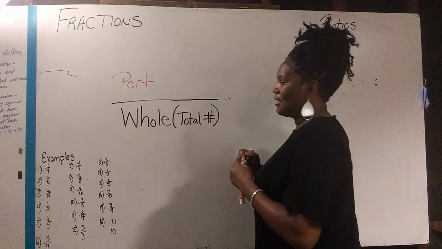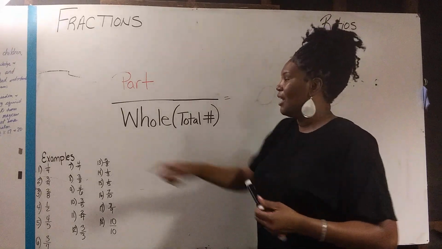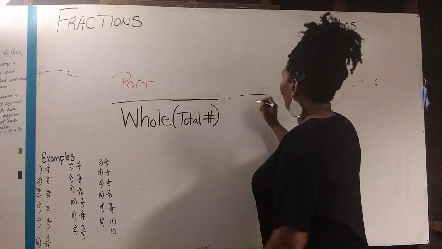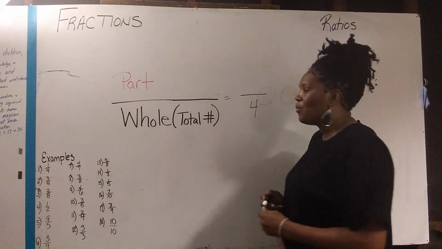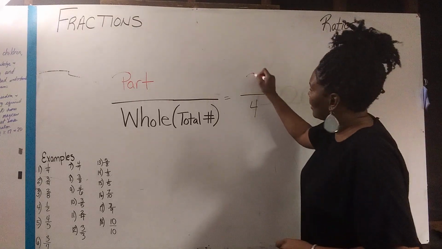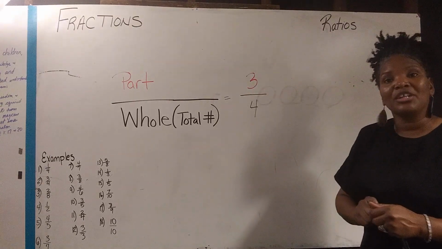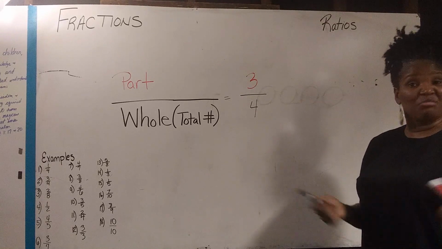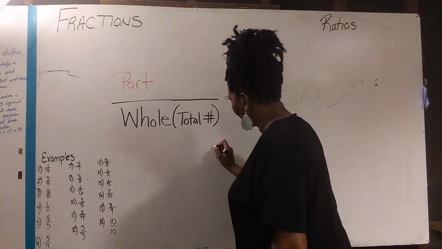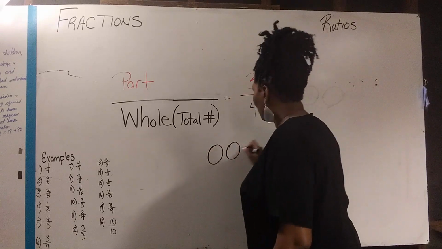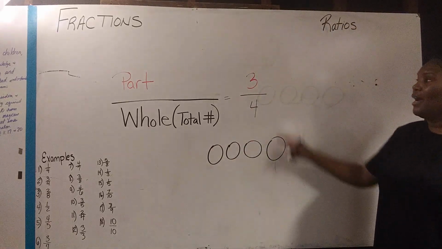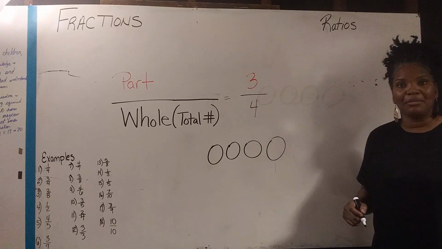Alright? The number at the bottom tells me the total. So what's our total number? 4. And what's our part? 3. That's how many we're going to color. So, again, Miss Wilson, we're just going to draw some circles. And I'm going to draw them right here. 1, 2, 3, 4. So that's my total number. The number at the top tells me how many I'm going to color.